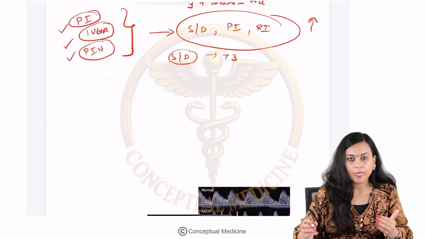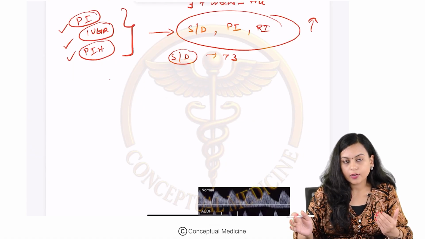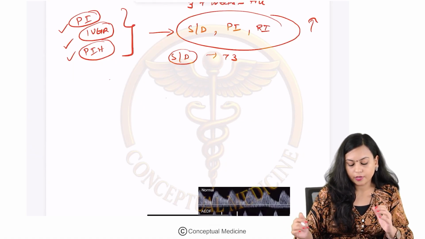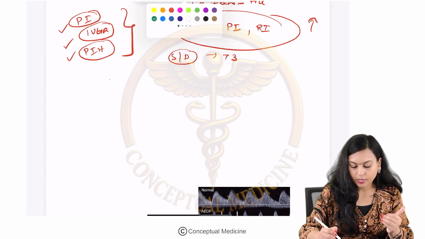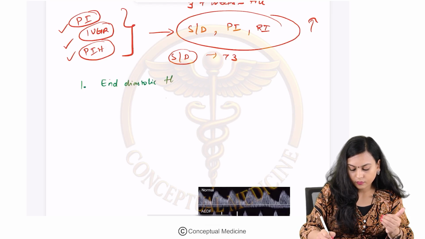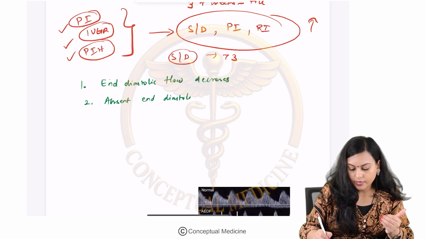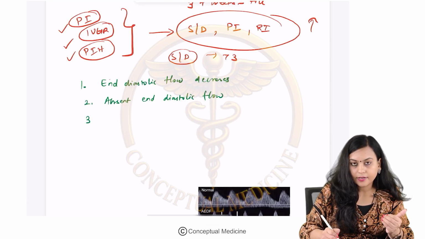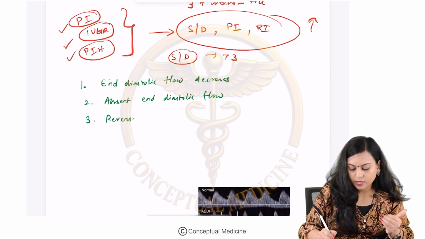Okay, now since these kinds of changes are going to happen, we can categorize the umbilical artery Doppler into 3 stages. The first stage is where the end diastolic flow decreases. Then there is absent end diastolic flow, and then there is a reversal of end diastolic flow.